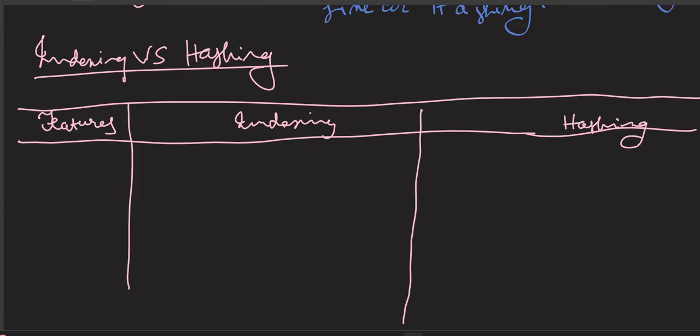Okay. If we talk about the structure, indexing is tree based and hashing is a hash table.